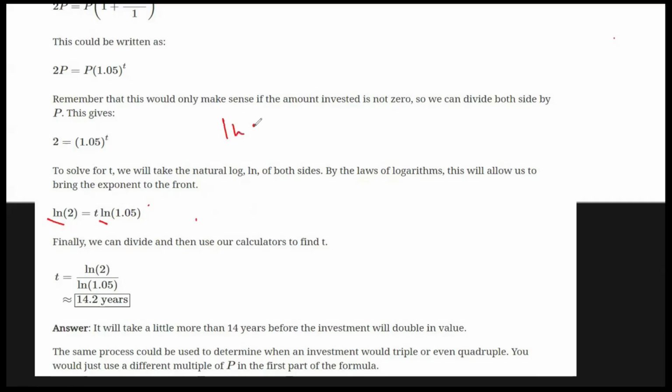You ln 2 and you ln 1.05 to the T. Remember that rule I gave you in our last lecture, right? And you ln or log. I mean, use log or ln, let's say a to the b power is equal to b log a, right?